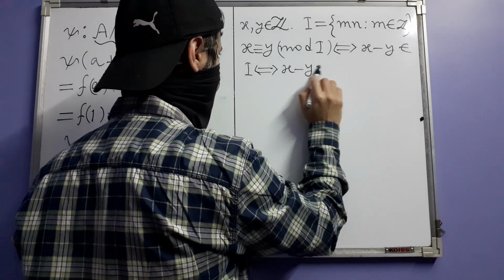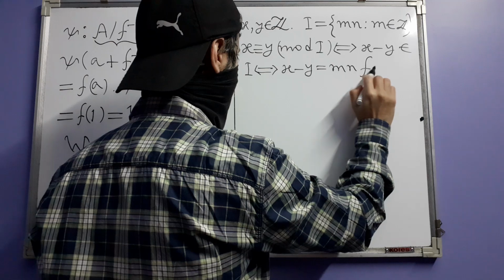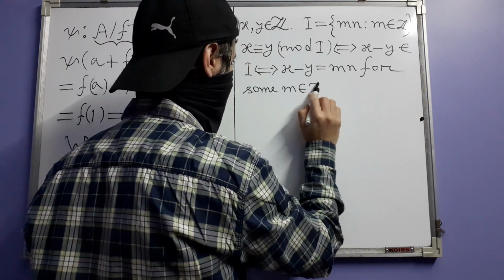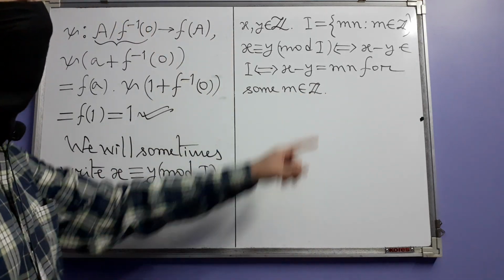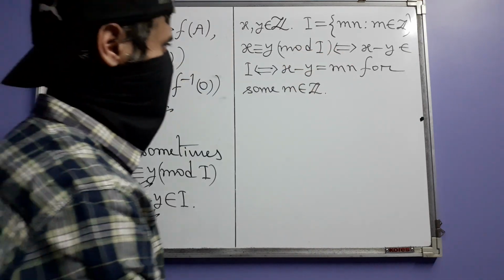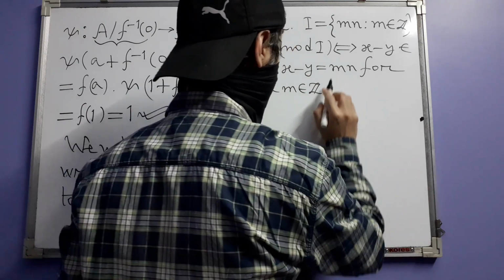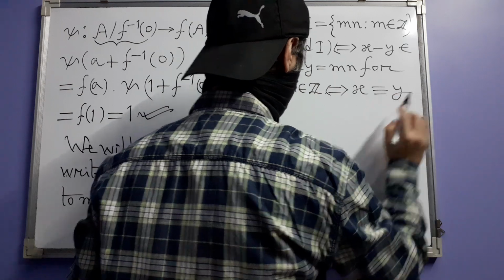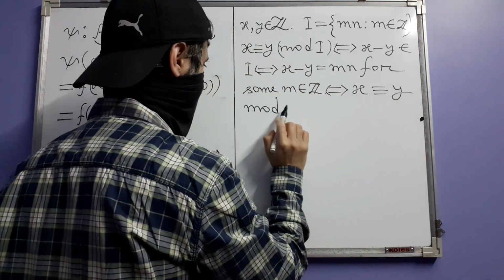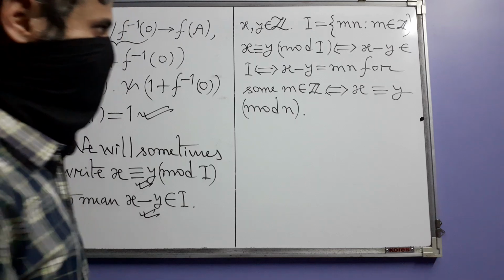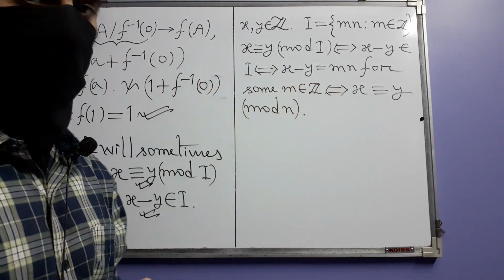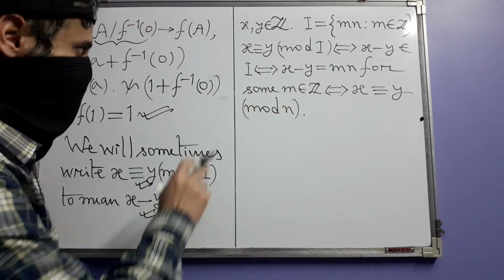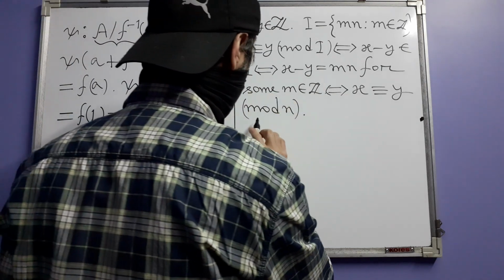That means that x minus y is equal to mn for some integer n. Now if the chosen n is non-zero, or in fact positive, then this will turn into the usual congruence from number theory, because then n would divide this, and that's what x being congruent to y modulo n means. So this is the source of this notation.